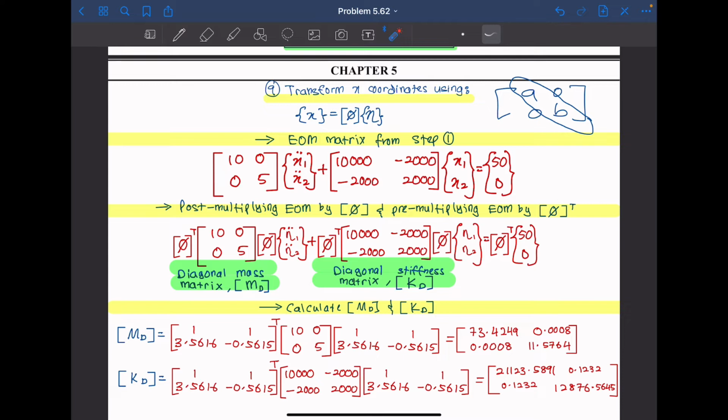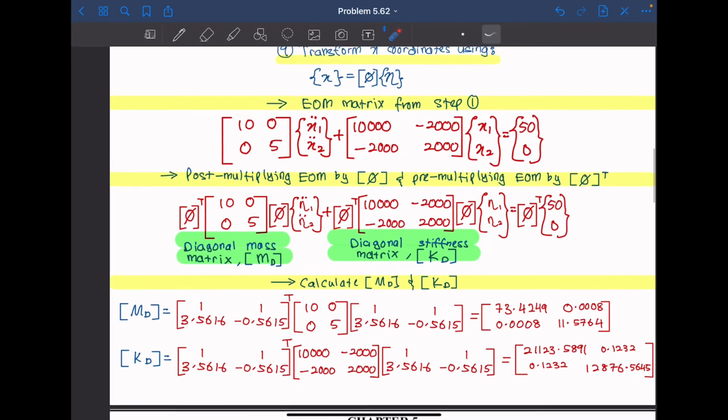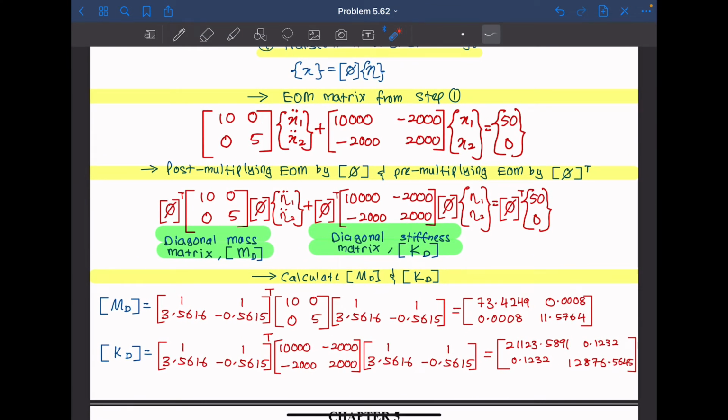So basically we are doing this to get a diagonal matrix for mass and also for the stiffness matrix. Actually our mass matrix is already diagonal, right? There are values only at the main diagonal line. Other than that, all zeros. So this is already diagonal, but we want to make everything diagonal because our stiffness matrix is not diagonal.